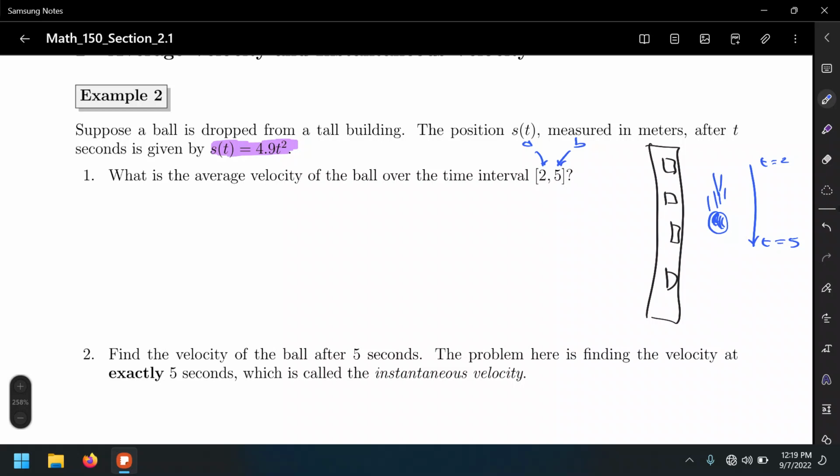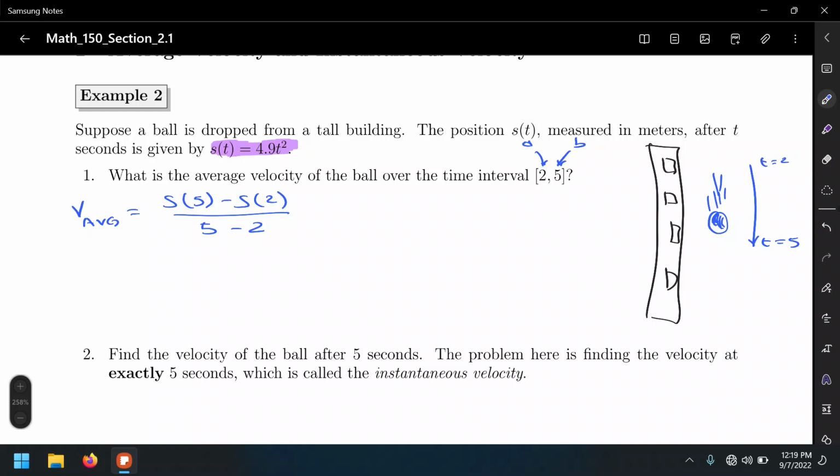Okay. So we're going to use the formula above, that is v average, the average velocity. That's s evaluated at 5 minus s evaluated at 2 over 5 minus 2. On the function that describes the motion of this ball dropped from the tall building, whenever we see the letter t, we're going to replace it with a 5 and with a 2.